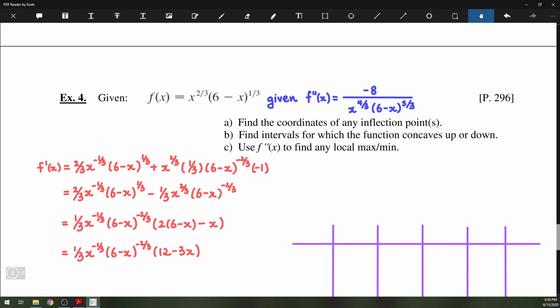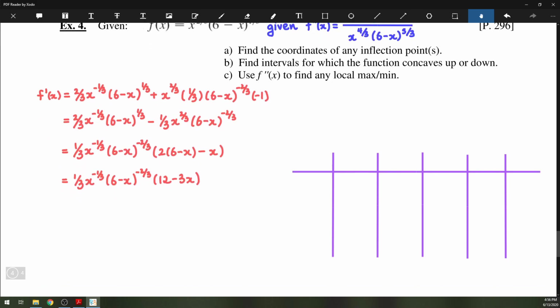Notice that both 12 and 3x have a common factor of 3, which conveniently eliminates the 1/3 at the start of the derivative. So we will have x to the negative 1/3, and then 6 minus x to the negative 2/3, and finally just 4 minus x.